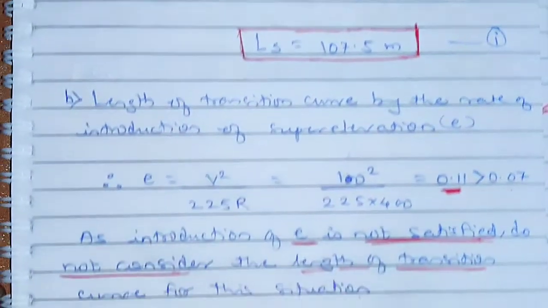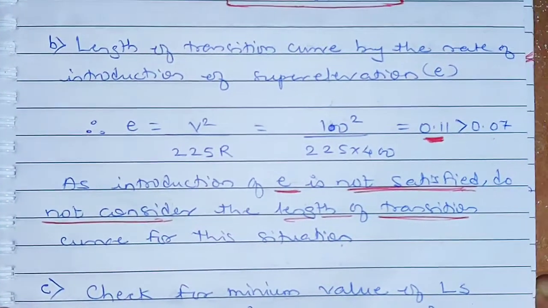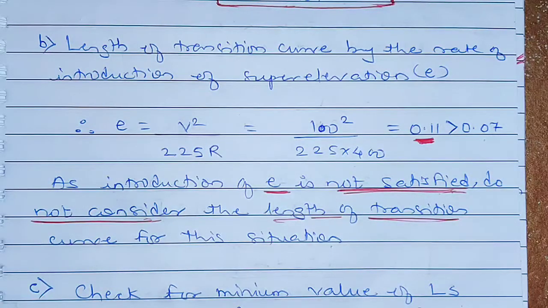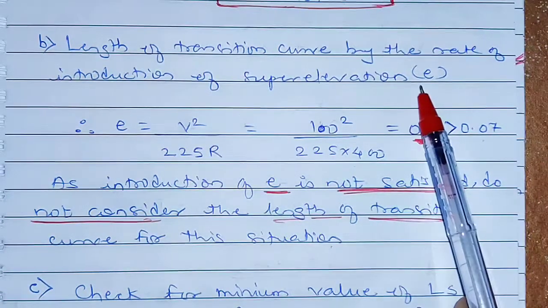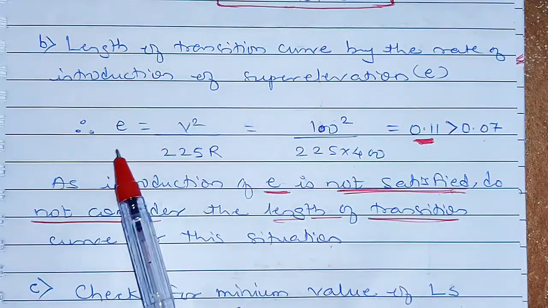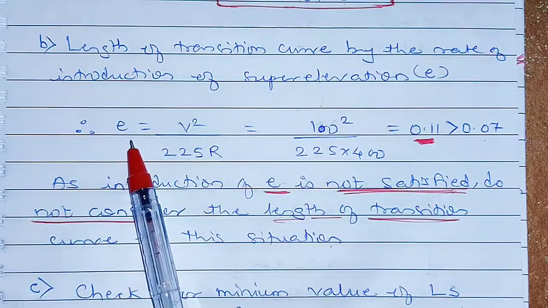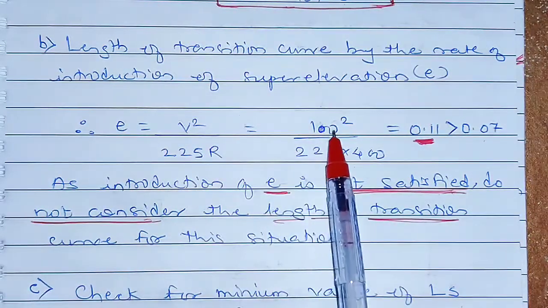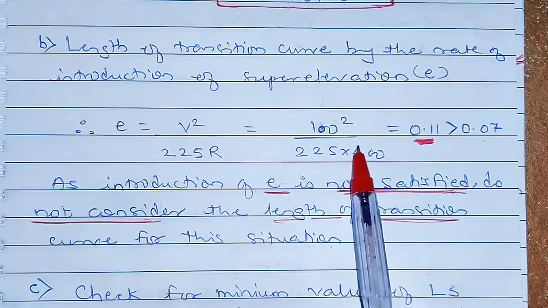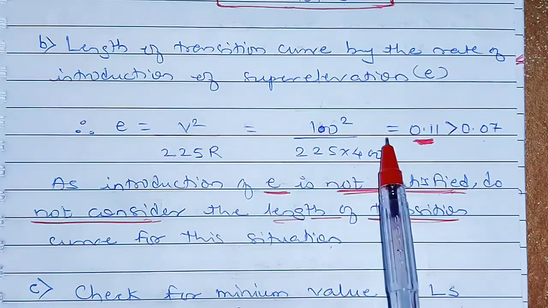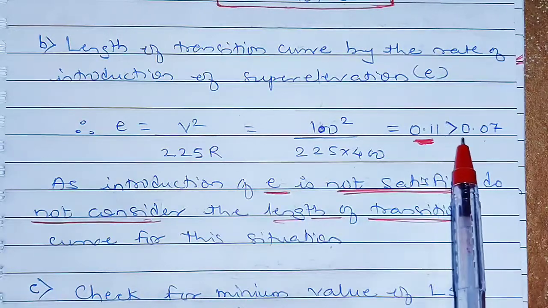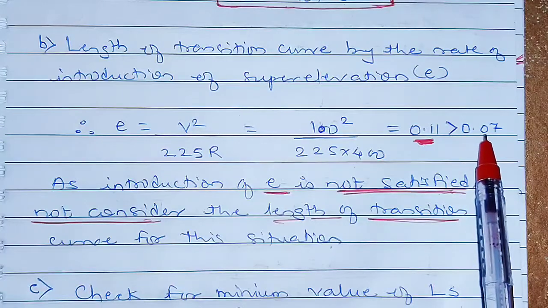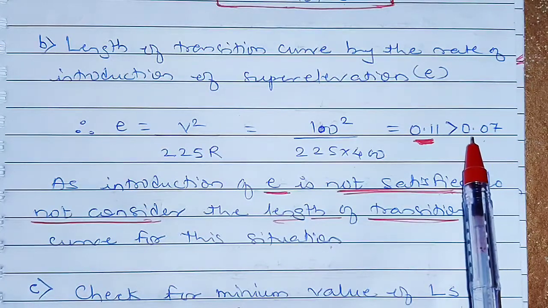Second, we'll have to check the length of the transition curve by the rate of introduction of super elevation E, and we know the formula to calculate E is V square upon 225 into R. So that equals 100 square upon 225 into 400, which equals 0.11, which is greater than the permissible value of the super elevation E of 0.07 or 7%.